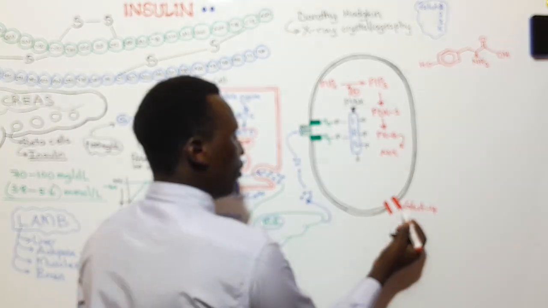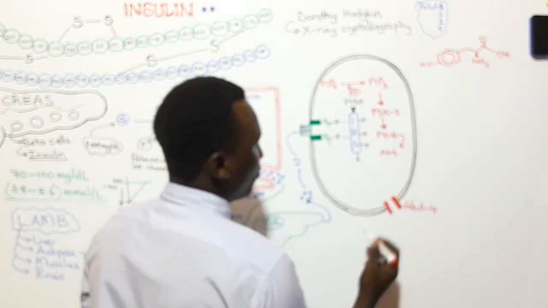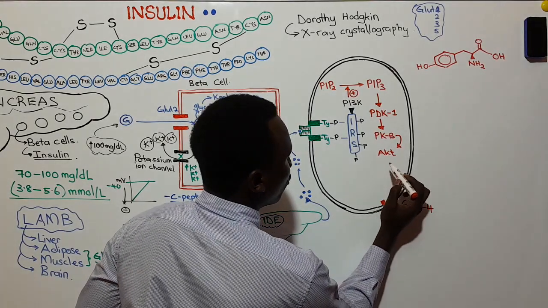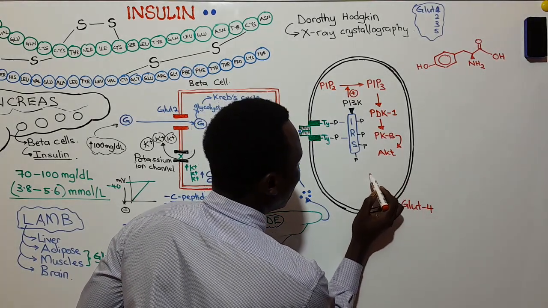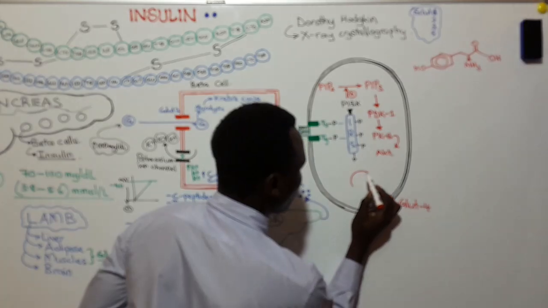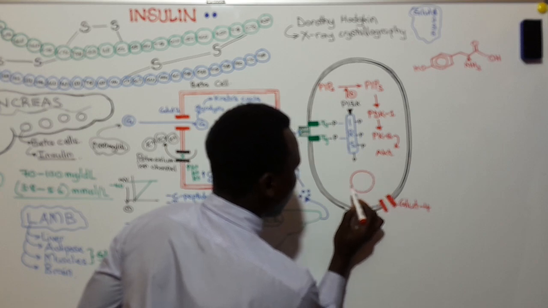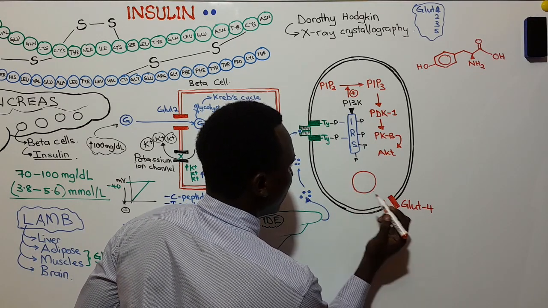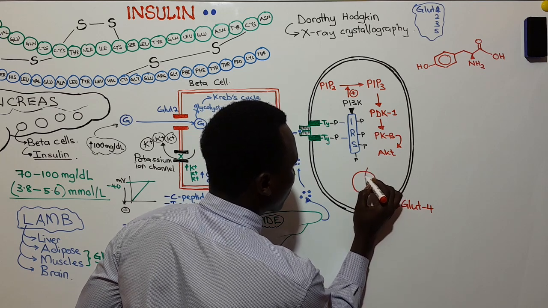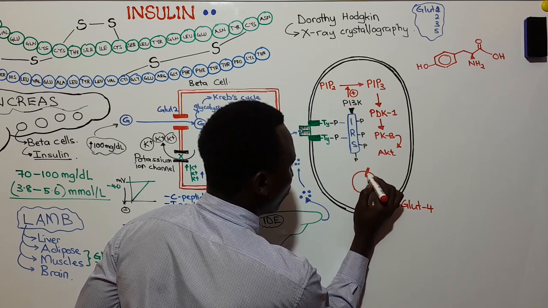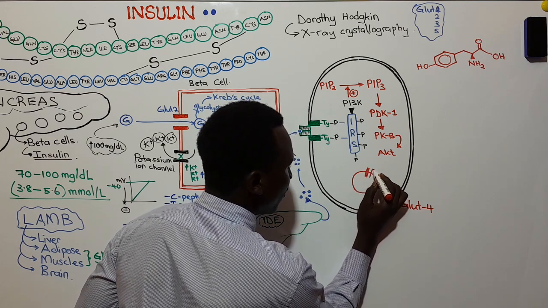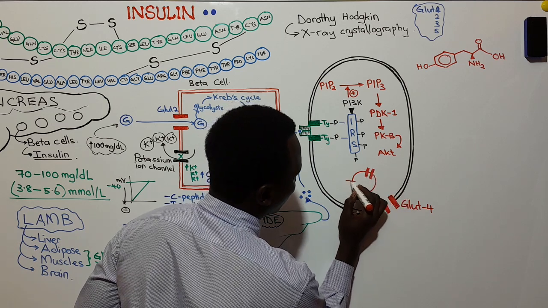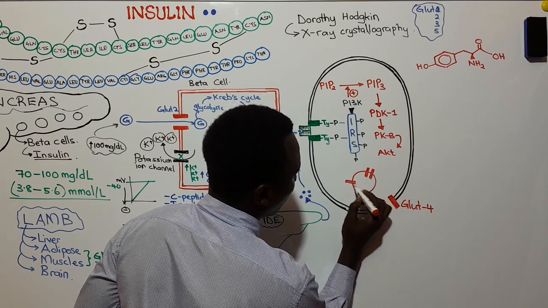So how does that happen? What does AKT do? The first thing AKT does, to reduce the amount of glucose, is that through transcription mechanisms, it causes the formation of vesicles that contain the glucose transporters, as this.